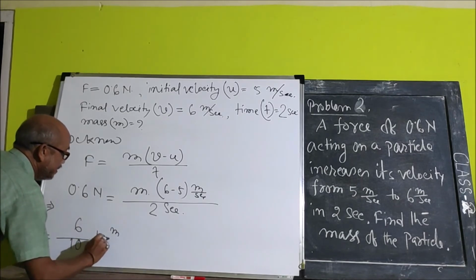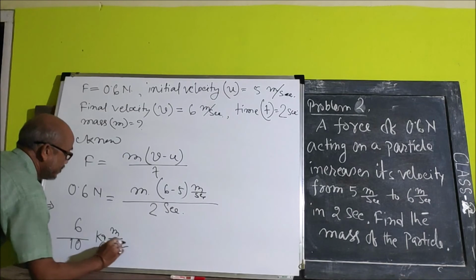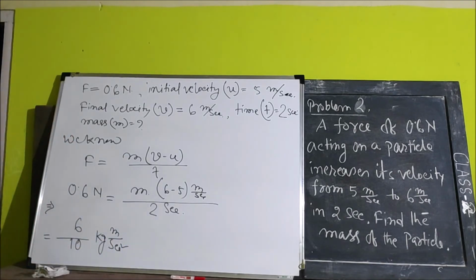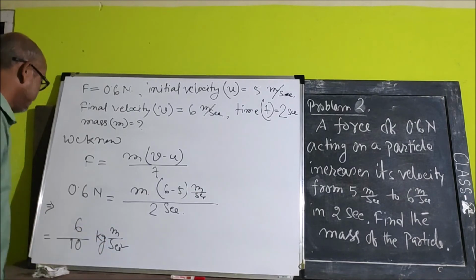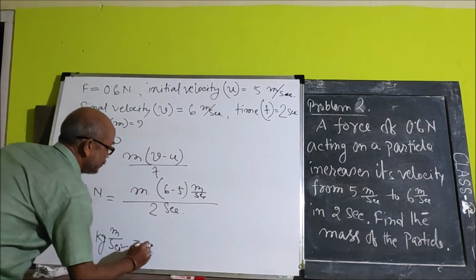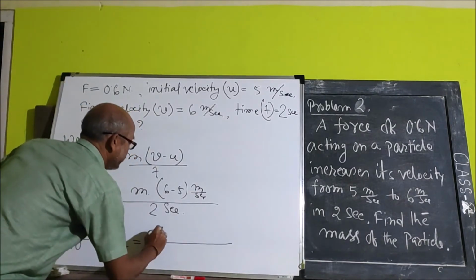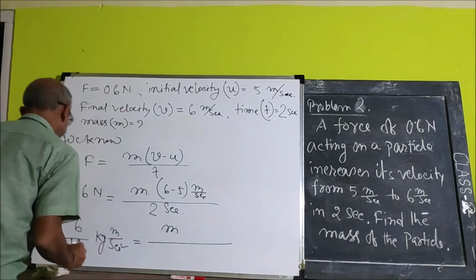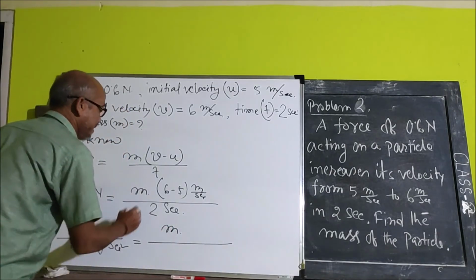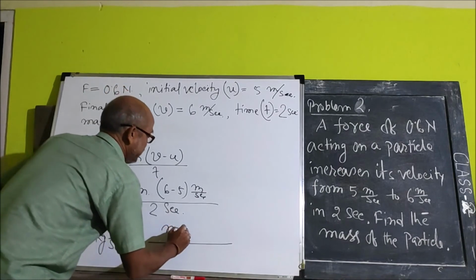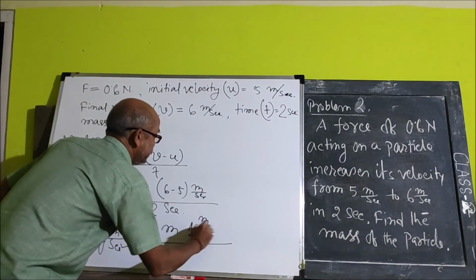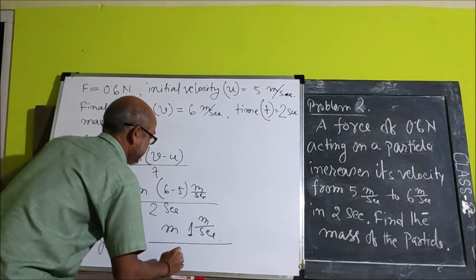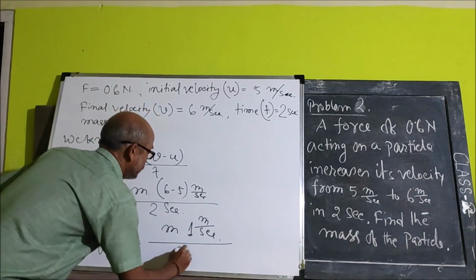From the definition of Newton force, kg meter per second square equals mass, meter per second, and 2 seconds.